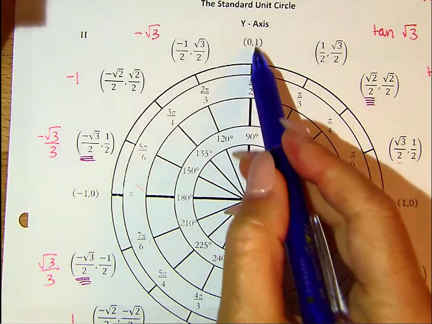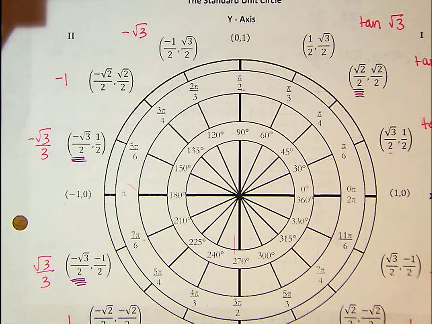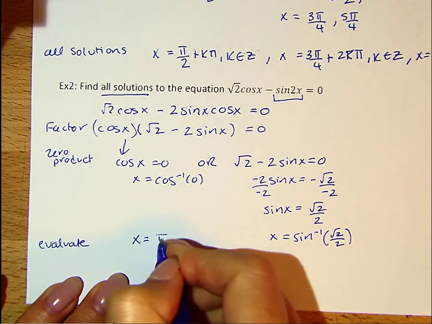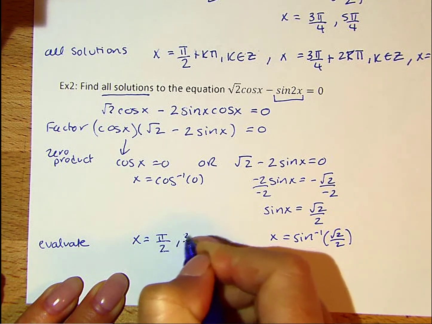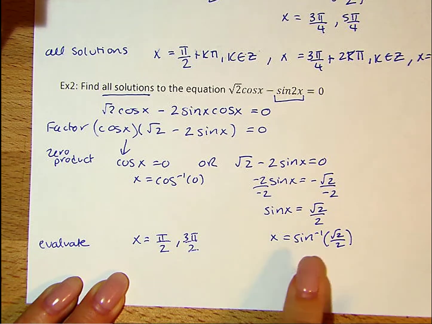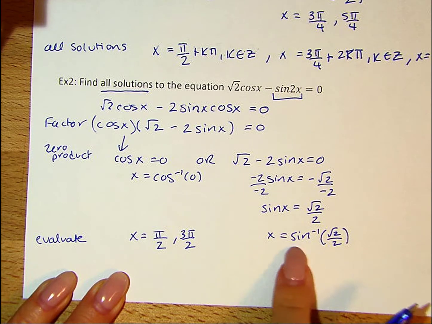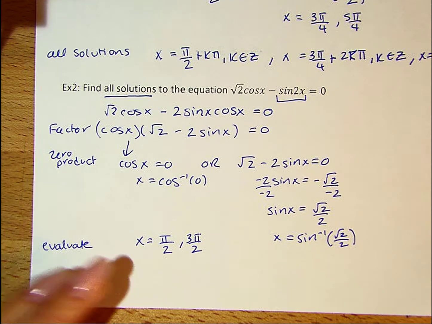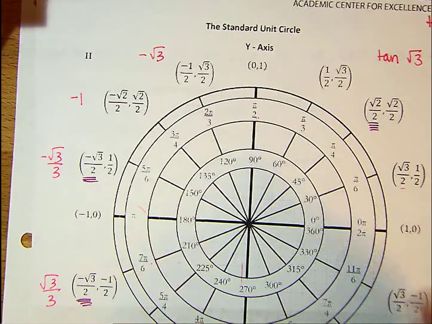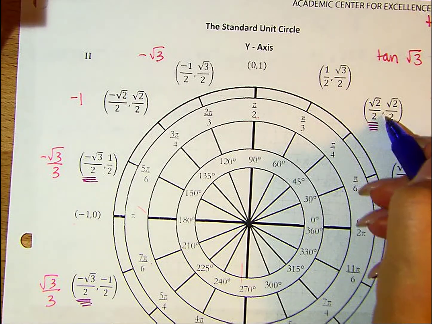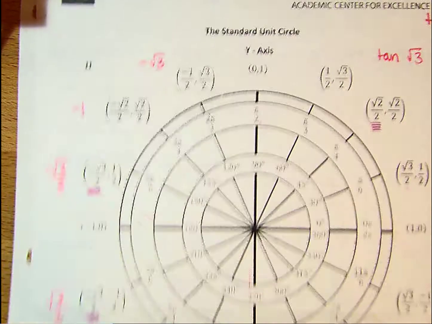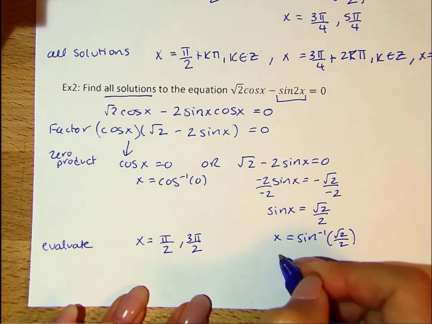That's going to be, again, pi over 2 and 3 pi over 2. And then our other equation, where the y value is equal to positive root 2 over 2. Positive root 2 over 2 would be pi over 4 and 3 pi over 4.